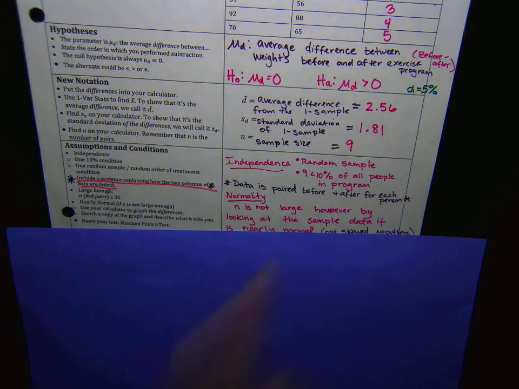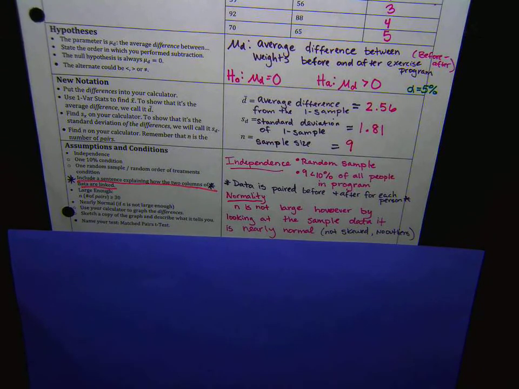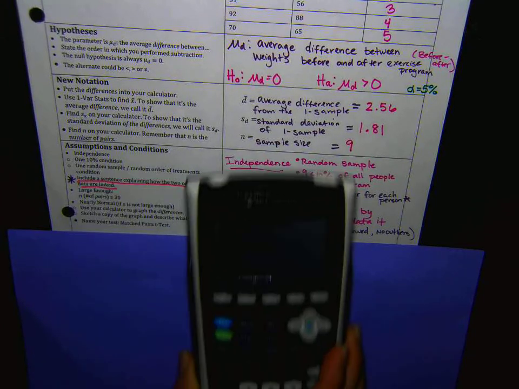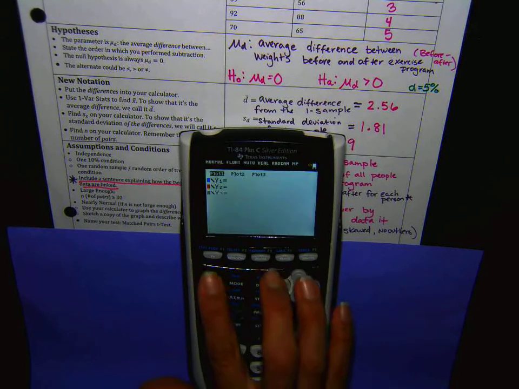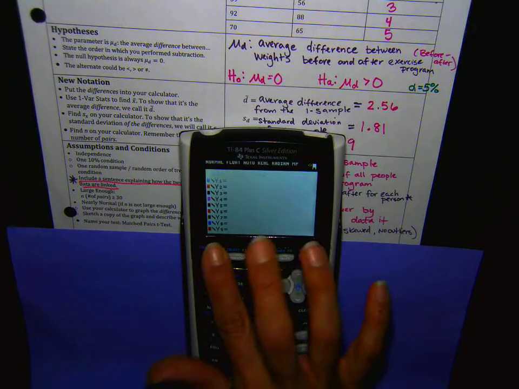Once we've done that, we can move on to see if we have normality. The sample size is not large, so we cannot use the central limit theorem here. However, by looking at the sample data, it is nearly normal. Once again, remember I have this sample data in my List 1. So I'm going to go into my stat plot here.